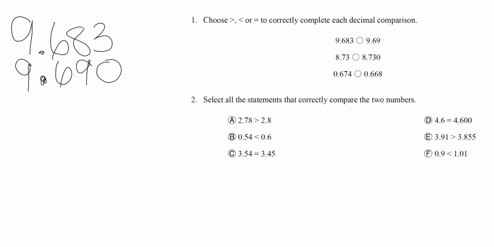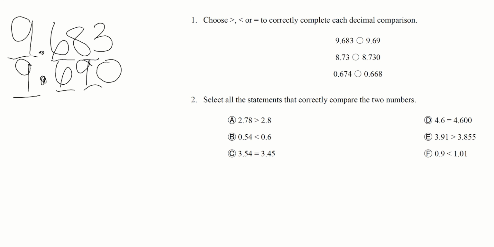Start from left to right as you compare the numbers. Both numbers have a 9 in the ones place, so we don't know which one's greater than or less than. Both numbers have 6 tenths. We still don't know. We have to go to the next place value. This number has 8 hundredths.